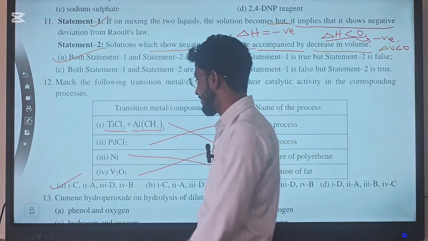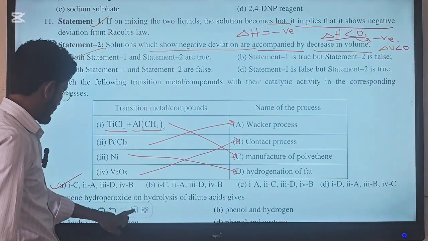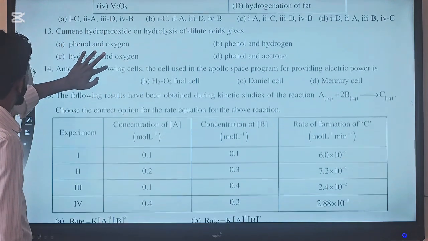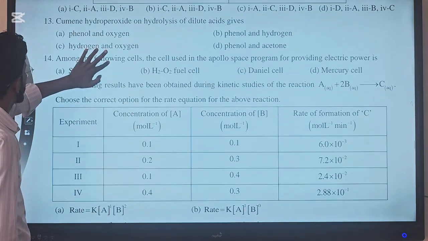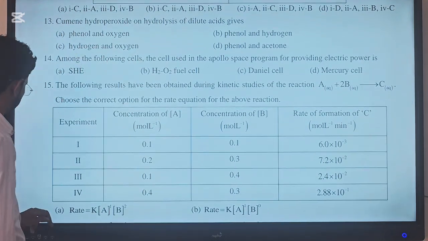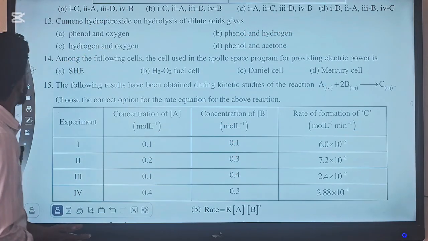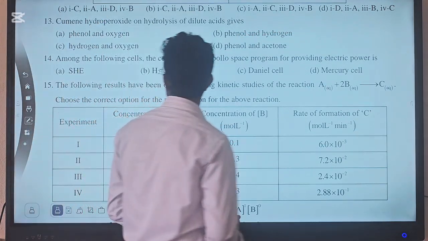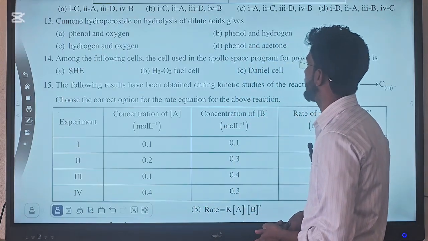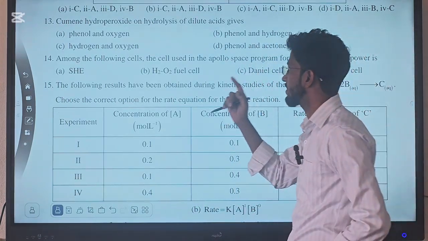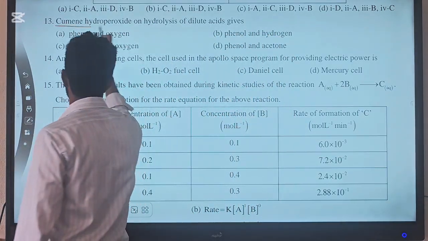Now after 12, if you see question number 13, 14, 15. In question number 13, cumene hydroperoxide on hydrolysis with dilute acid gives. Actually, this reaction is the industrial method for preparation of phenol.